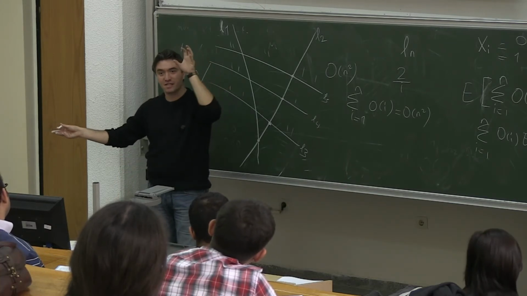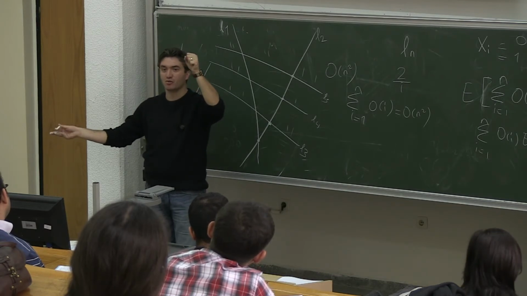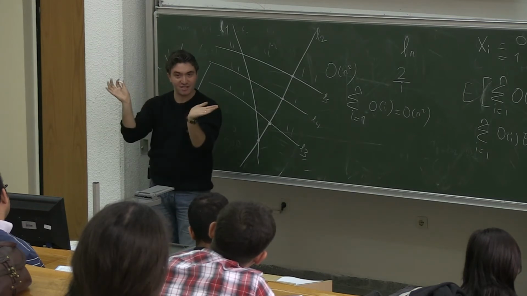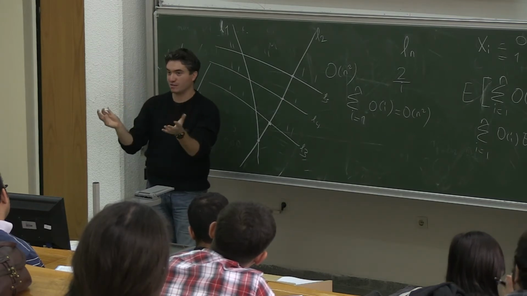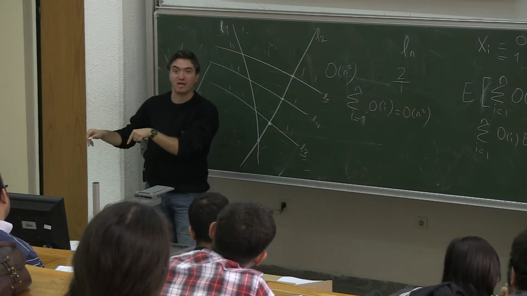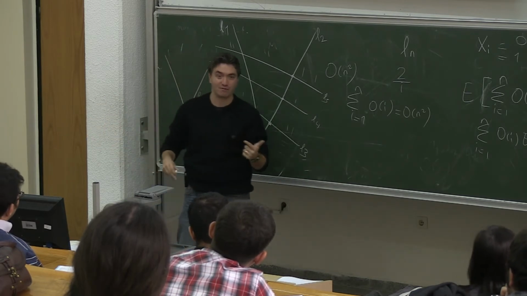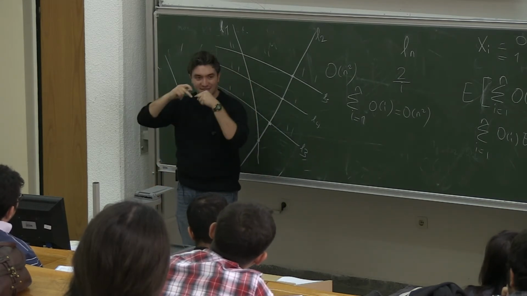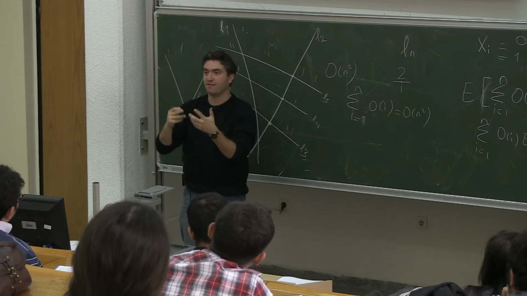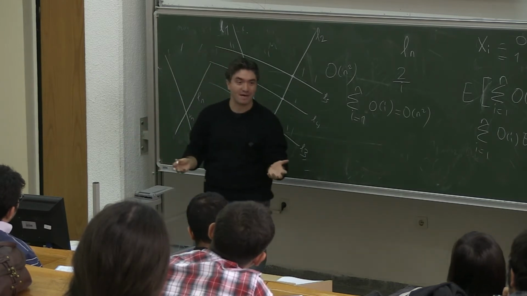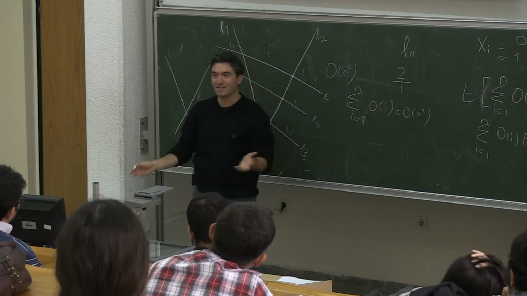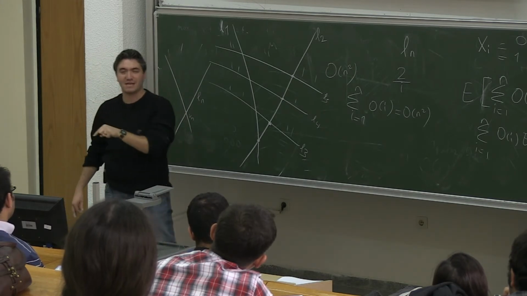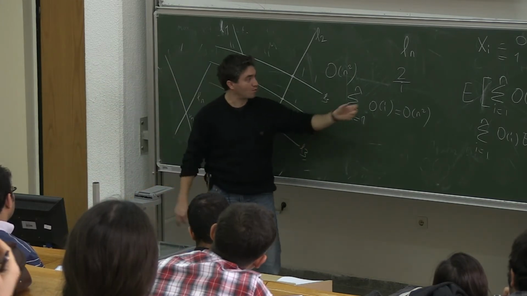The random edge is incident to that vertex only if it is one of the two edges incident to it, so the probability is 2 over n.